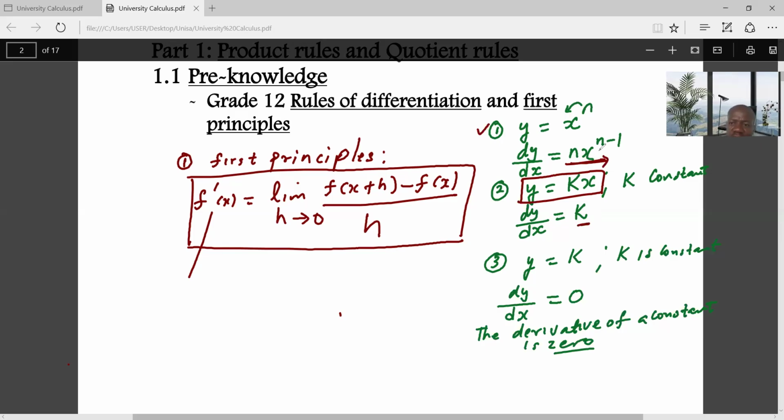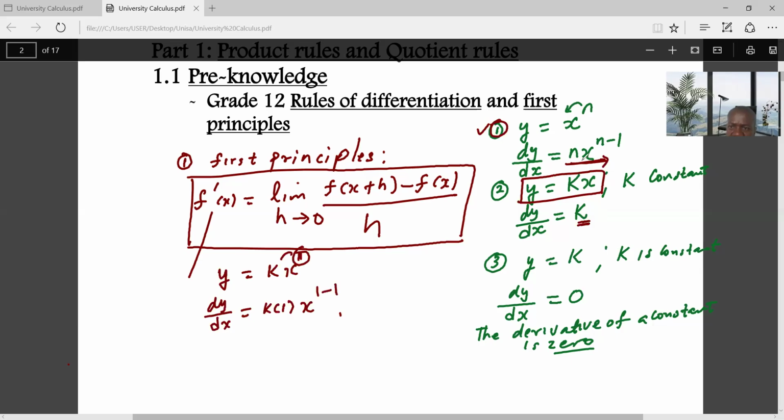The reason that when y equals kx the derivative of y with respect to x is k is because we can use rule number 1, since the n here is 1. So dy over dx will be k multiplied by 1, x to the power of 1 minus 1.